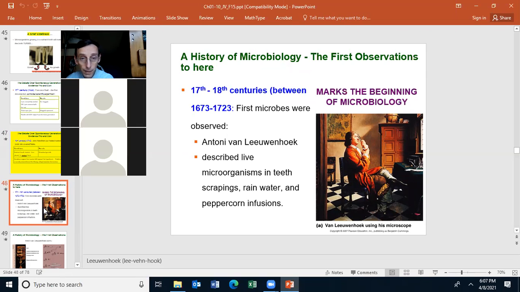So he had the best microscopes, and he would look at all sorts of things, and generally whatever he looked at he could find microorganisms, like scrapings from his teeth, rainwater, peppercorn infusions, and even the water from the River Thames, which was the river flowing through London.